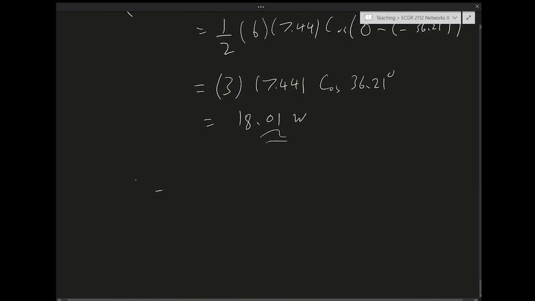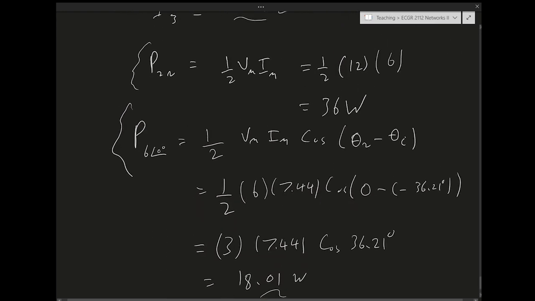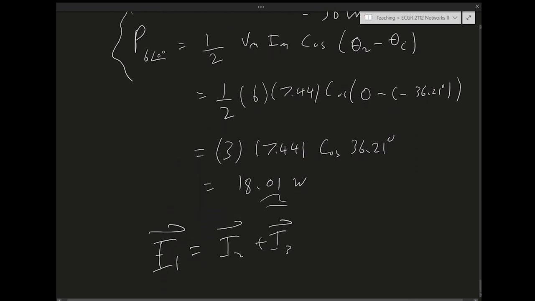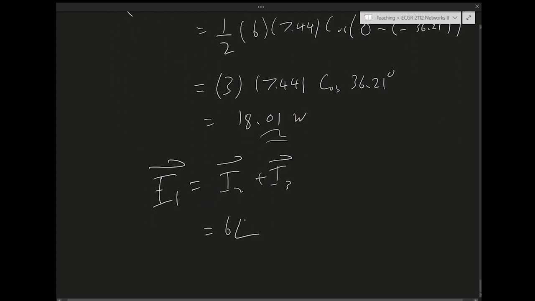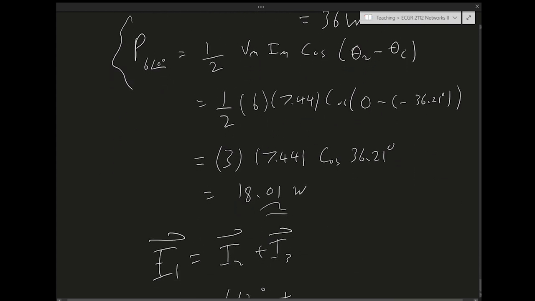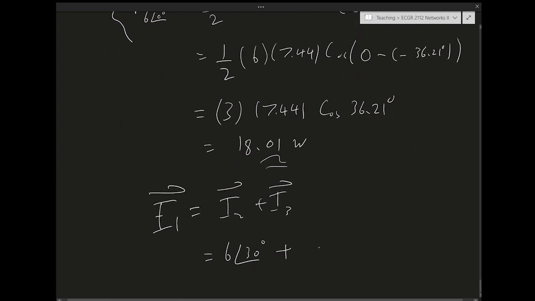So let me calculate that. I1 equals I2 plus I3. I2 is equal to 6 at 0 degrees. I3, we calculated it to be 7.44 at minus 36.21 degrees.